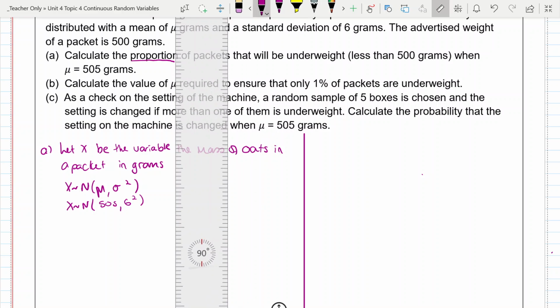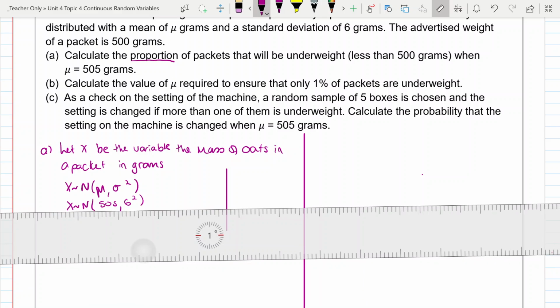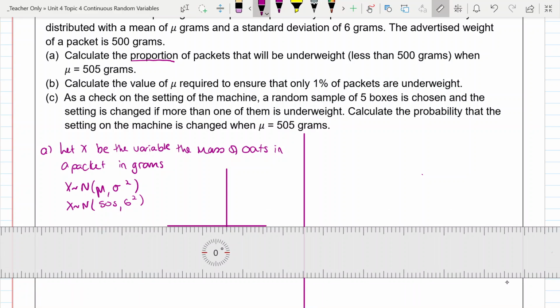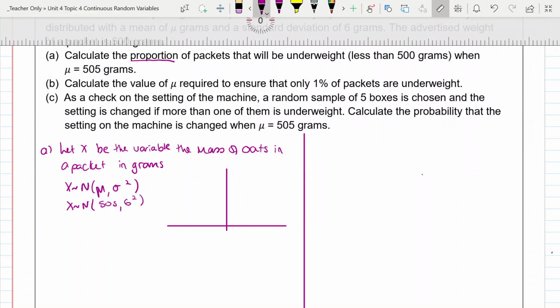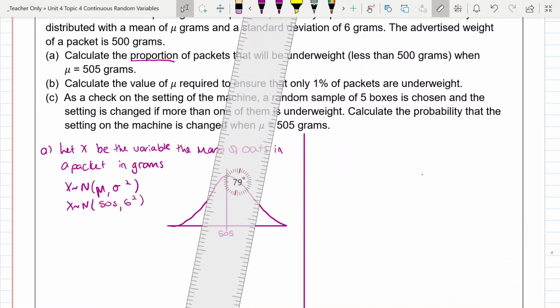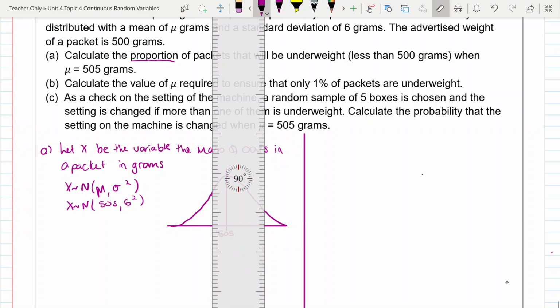So if we're going to draw our little distribution, remember we always draw our distribution and make sure that we are communicating that we know what's happening in this distribution. We now have a mean of 505 grams, and we're looking for the proportion that's underweight, so it will be less than 500 grams.